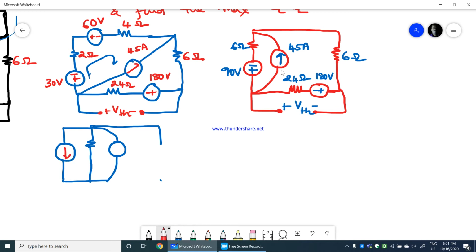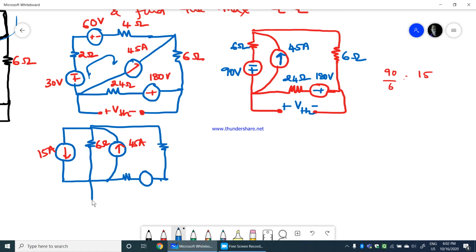So 90 by 6 is 15. Okay, so therefore you get 15 amps as the current source, and this 6 ohms will remain as it is, and this is 45 amps, right? This in turn is connected with the resistance, and then this resistance, and then we have this resistance.